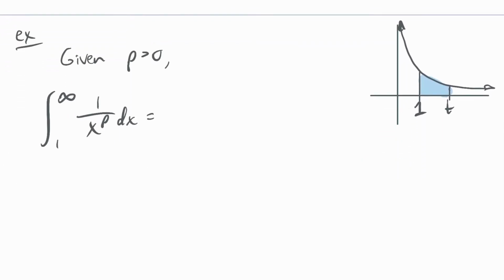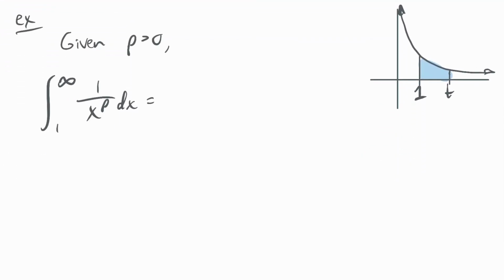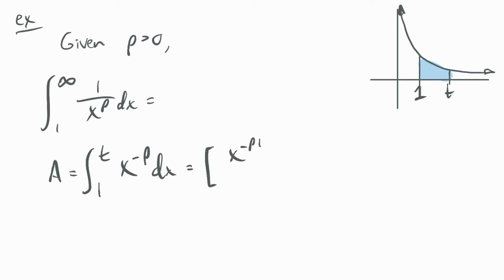Okay, so let's say the area is going to be the integral from 1 to t of x to the negative p power dx. Okay, so this equals x to the negative p plus 1 over negative p plus 1, evaluated at 1 and at t. So this equals t, and in the exponent, I don't have to write this as negative p plus 1.